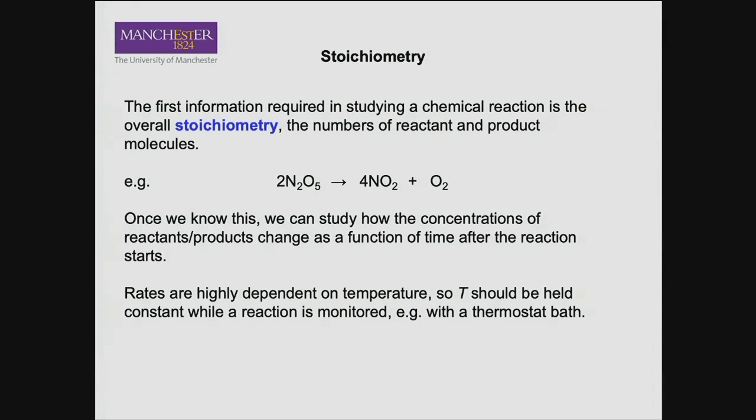So if we look at this very simple decomposition reaction here of N2O5, when we balance it properly, then you need two N2O5 molecules to make two nitrogen dioxide and one oxygen molecule. And we need to know this balanced equation so that we can measure the rate so that it's common whether we look at the rate of decomposition of N2O5 or the rate of production of NO2, or the rate of production of oxygen.